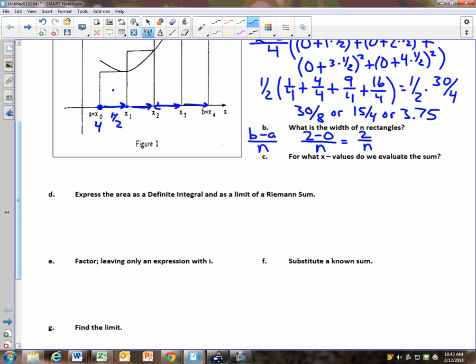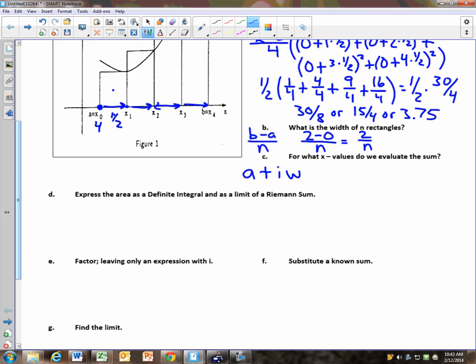For what x values do we evaluate the sum? So you decided to plug in 1/2 and 1 and 1.5 and 2. What we did is we started at our a, and then we added to that a certain number of widths.